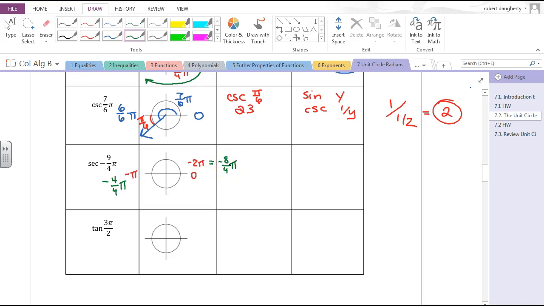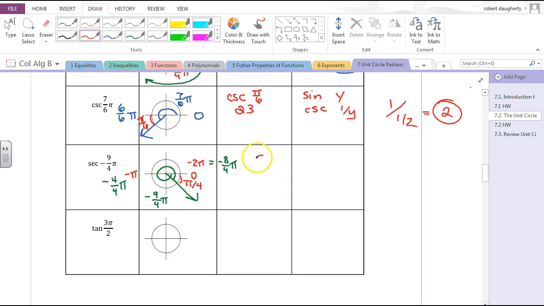So where is -9/4? So if I start going clockwise, that's -8/4. I have to go 1/4 more to get to negative 9/4. So that's negative 9/4 pi, and most importantly, that makes my central angle pi over 4.